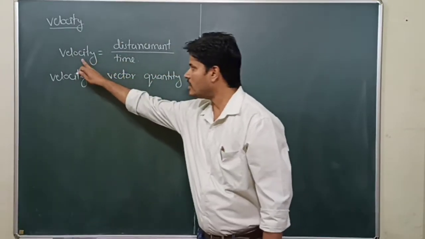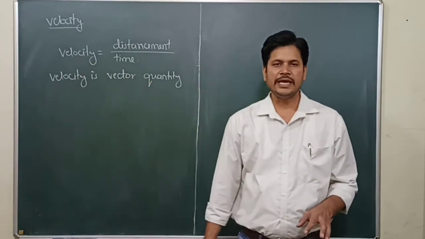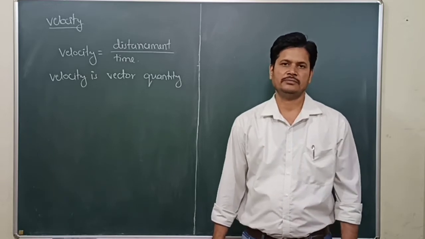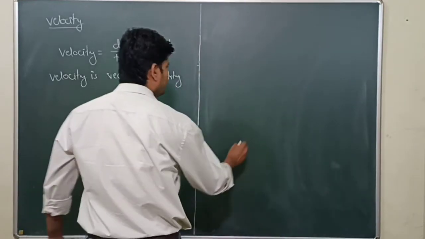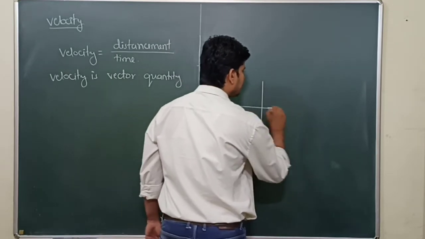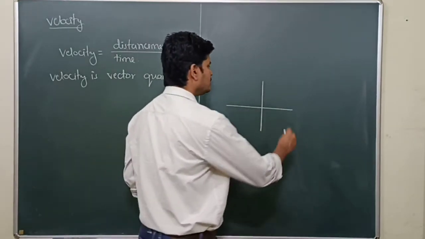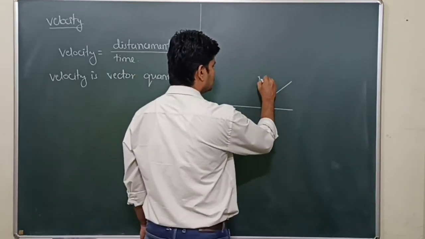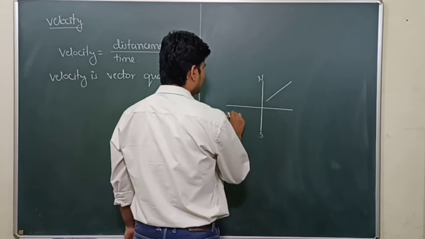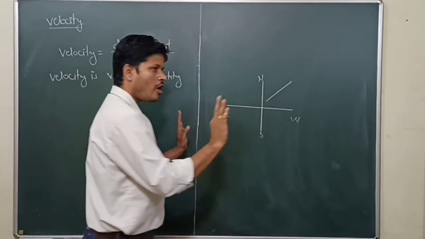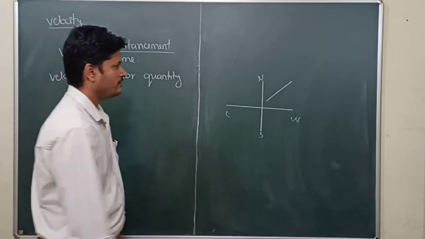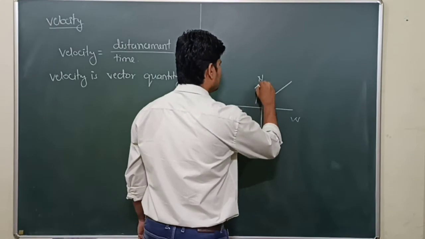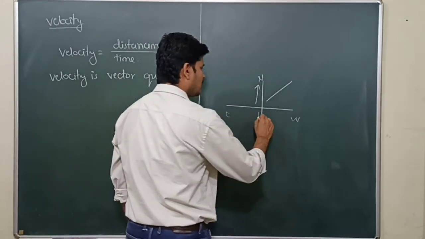If I say velocity is a vector quantity, it means it must have magnitude as well as direction. That means if the object is moving somewhere like this, and we know north, south, east, west, all these directions, right? If the object is moving like this, it is moving in a north direction, it is moving in a south direction.